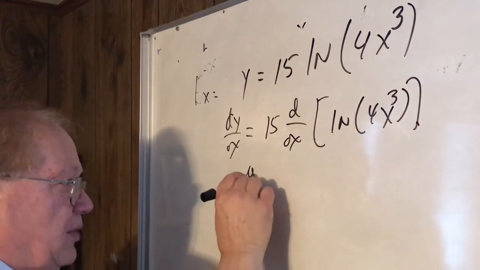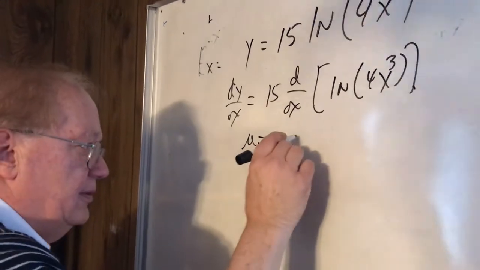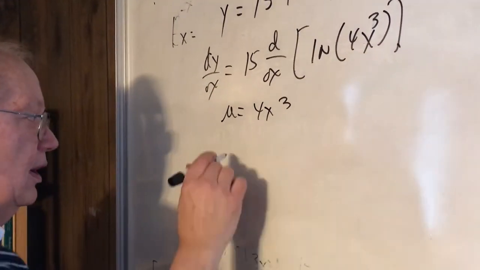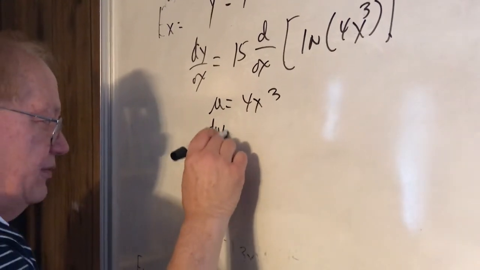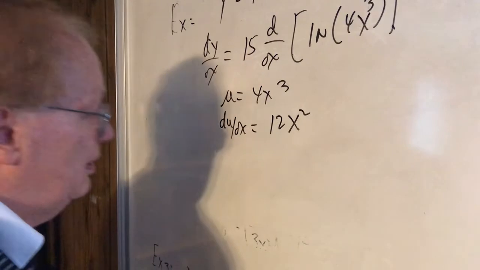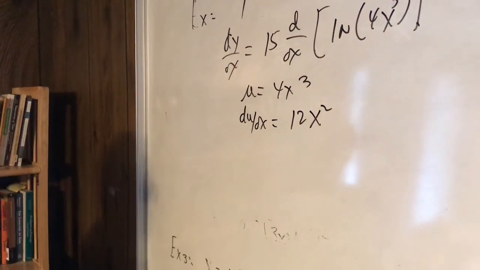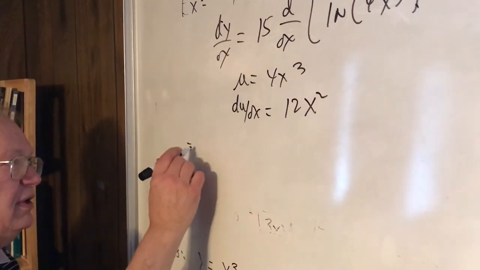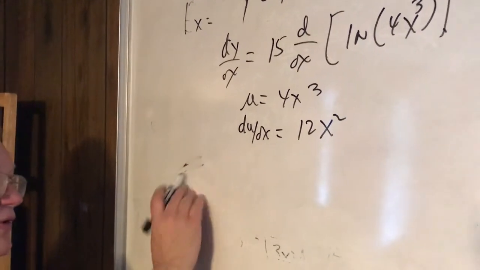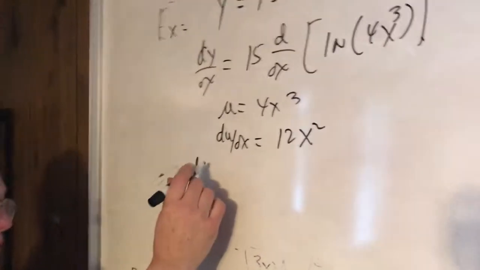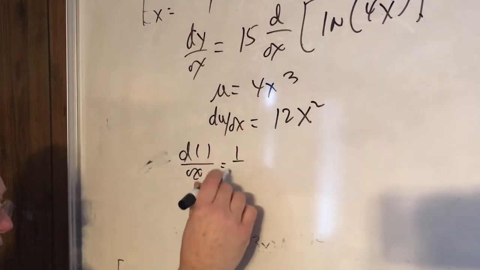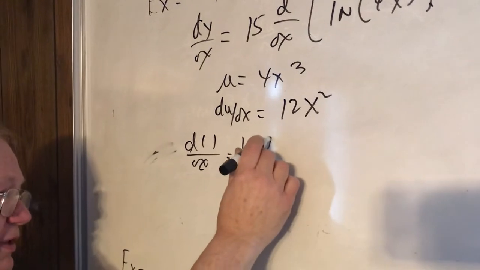I'm going to get u equals 4x cubed. How many minutes? We got 2.5. Okay. du/dx is 12x squared. So that means all I have to do is substitute 15. Well, the derivative of this function we said is 1 over u times du/dx.